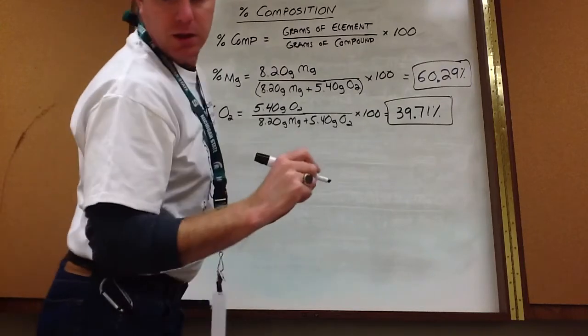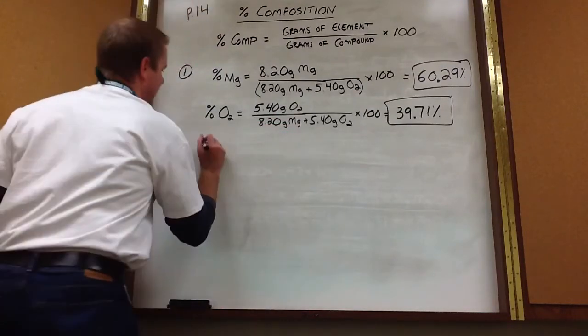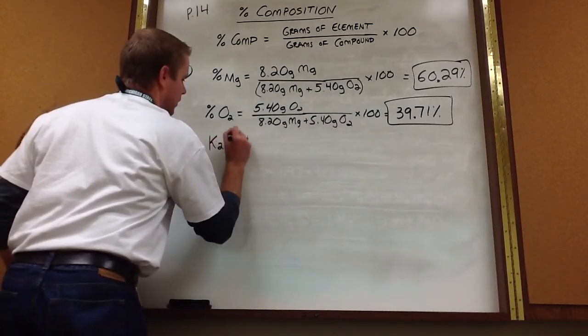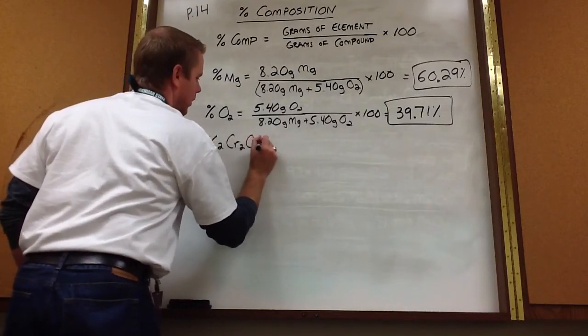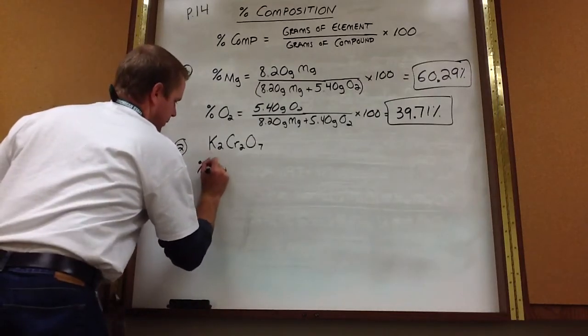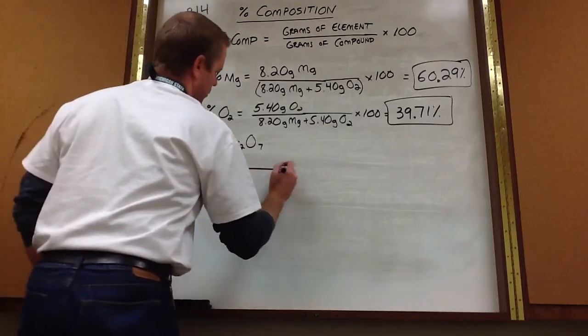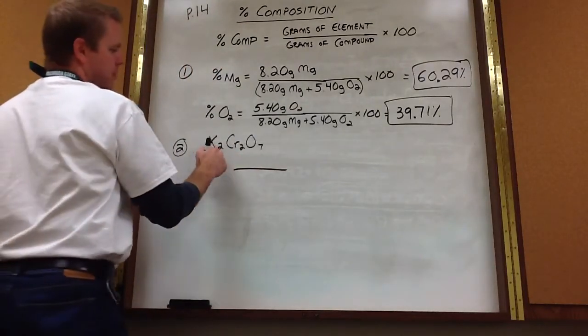Whatever. Number two says calculate the percent composition of each element in K2Cr2O7. Let's start with the percent potassium first. When we look at this compound, we know we have two potassiums.